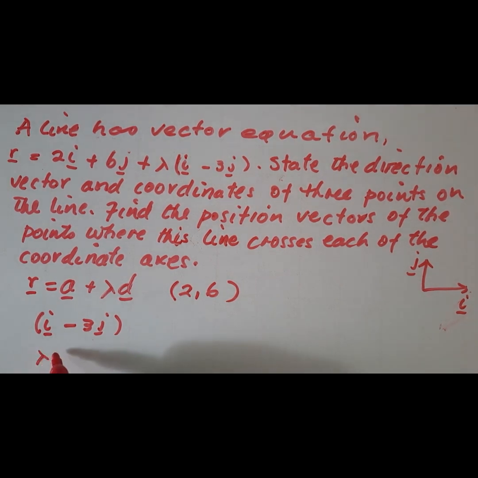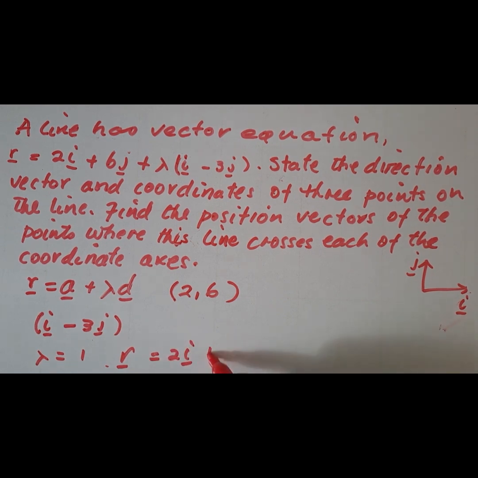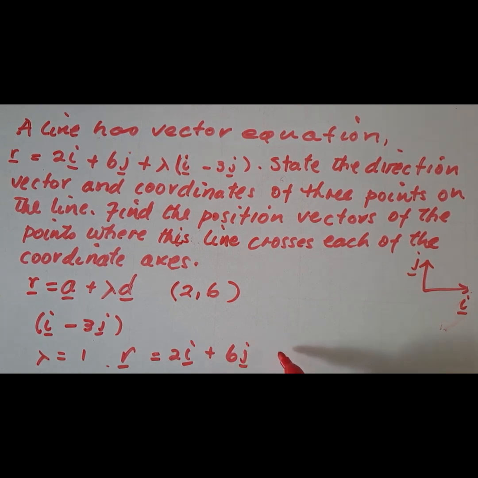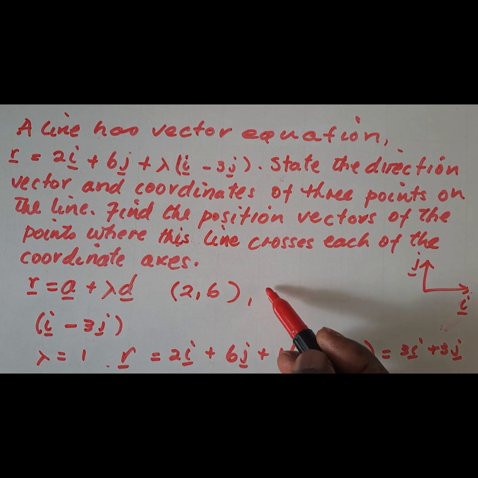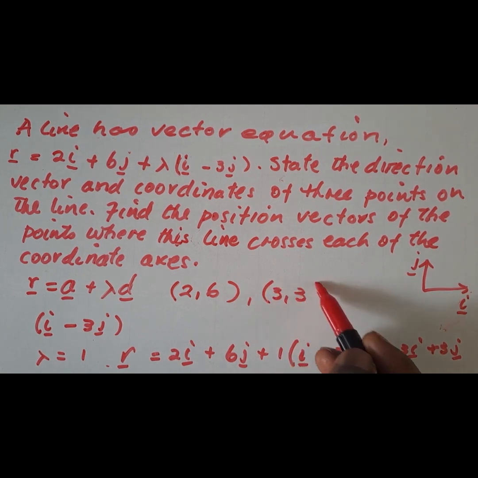So with lambda equal to 1, now r becomes 2i add 6j add 1 into i minus 3j. Now this evaluates to give us 3i add 3j, which gives us our next set of coordinates, 3, 3.